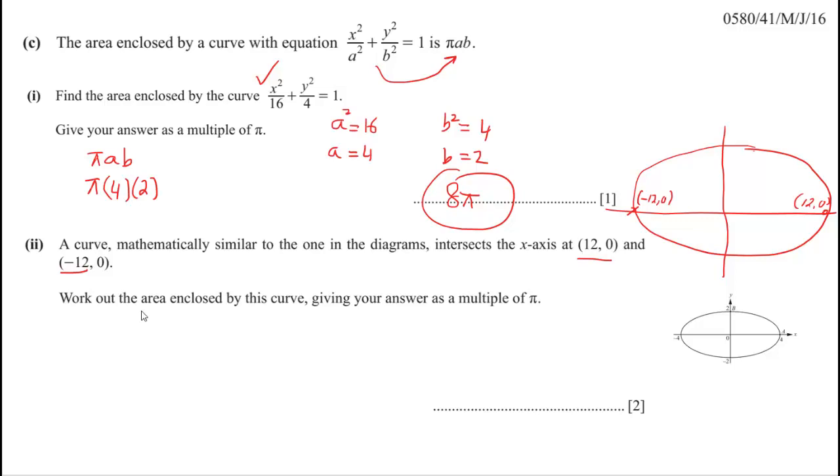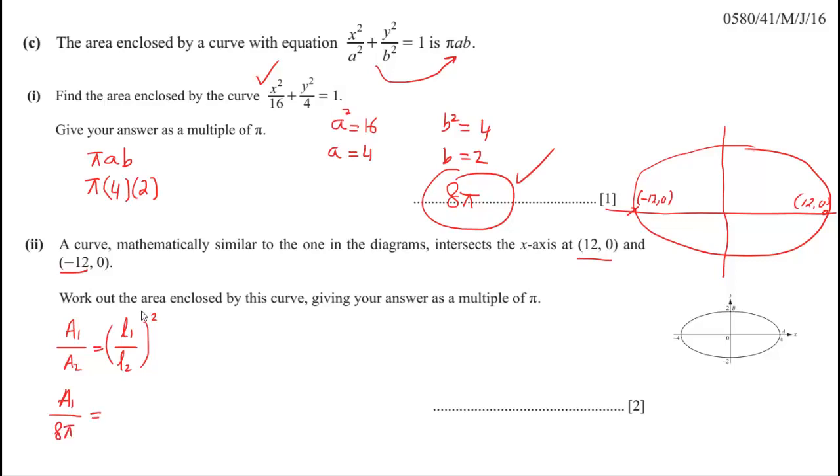In that, the area ratio A1 over A2 is length 1 over length 2, whole square. Because we have to find the area of this, let me call it A1, and the area of the second one, which we have just found, is 8 pi.